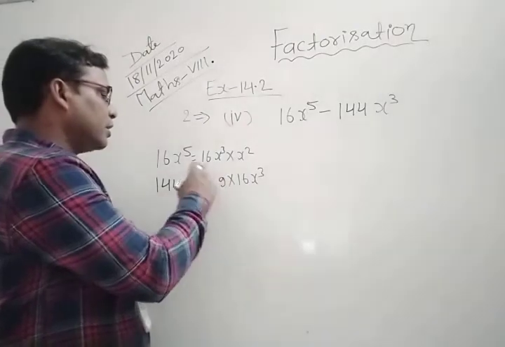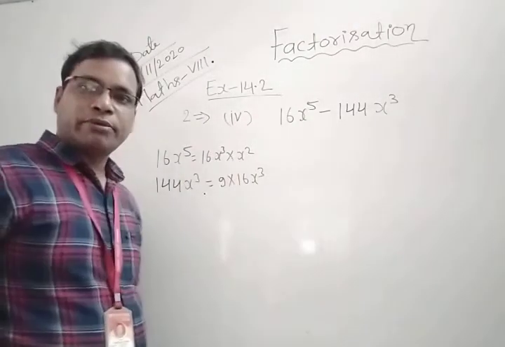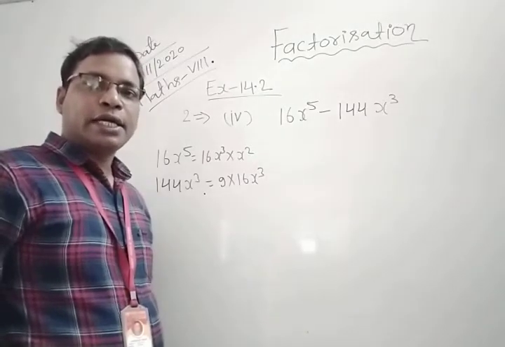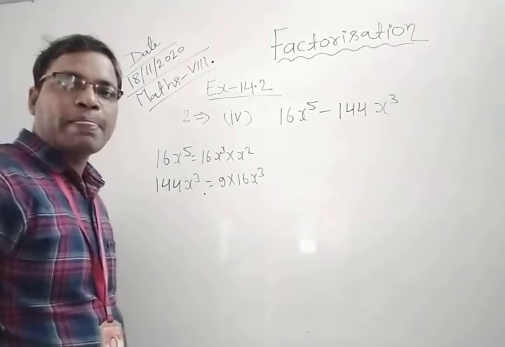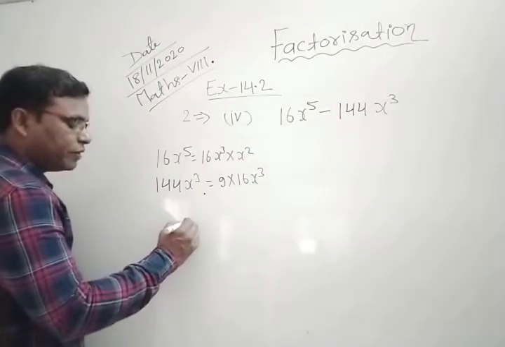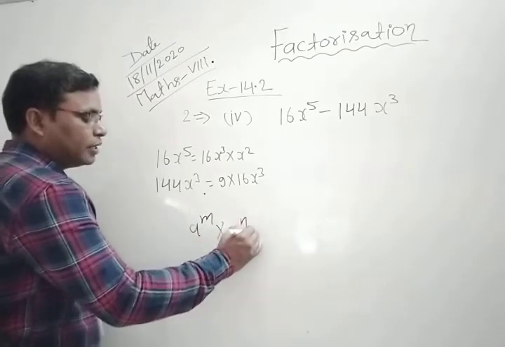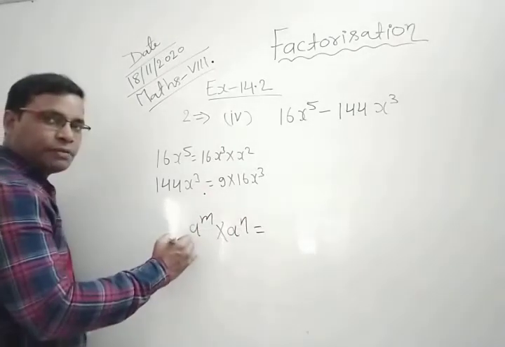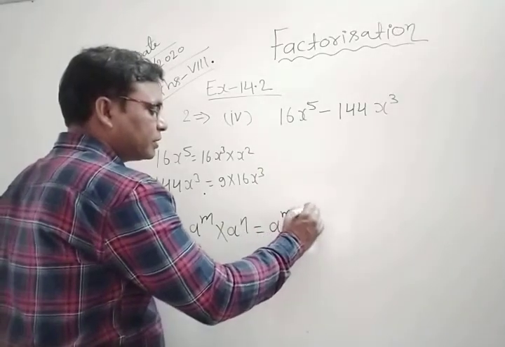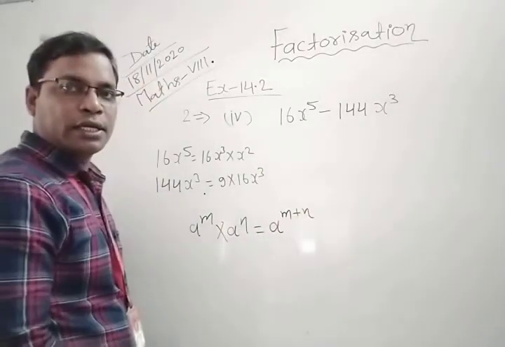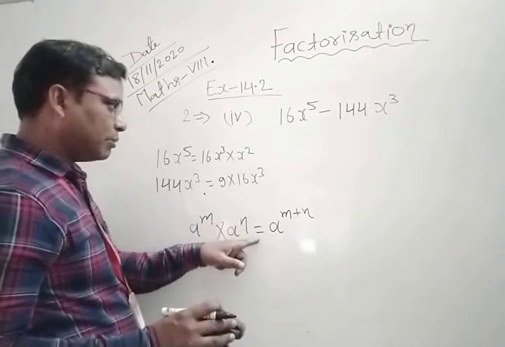And x power 5 you can write as x power 2 into x power 3, because in multiplication, if the bases are the same, their powers add. You know very well that a power m into a power n, when the bases are the same, is equal to a power m plus n. Clear? So we use this law of exponents.